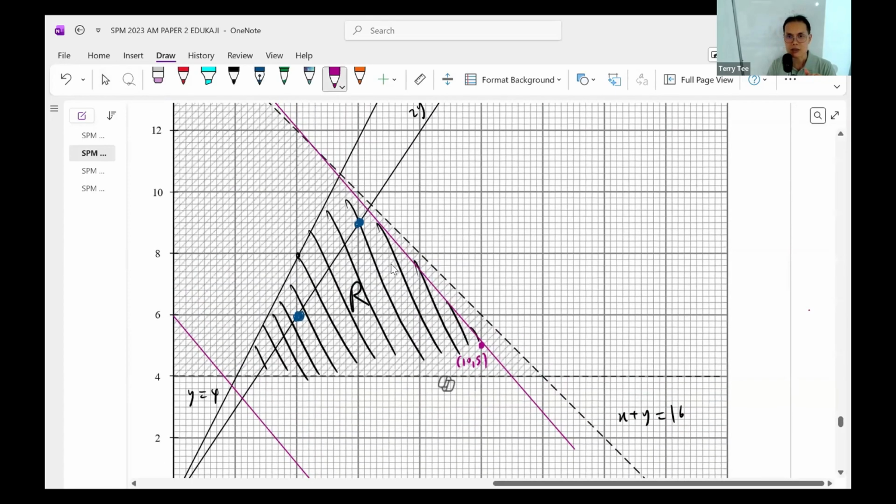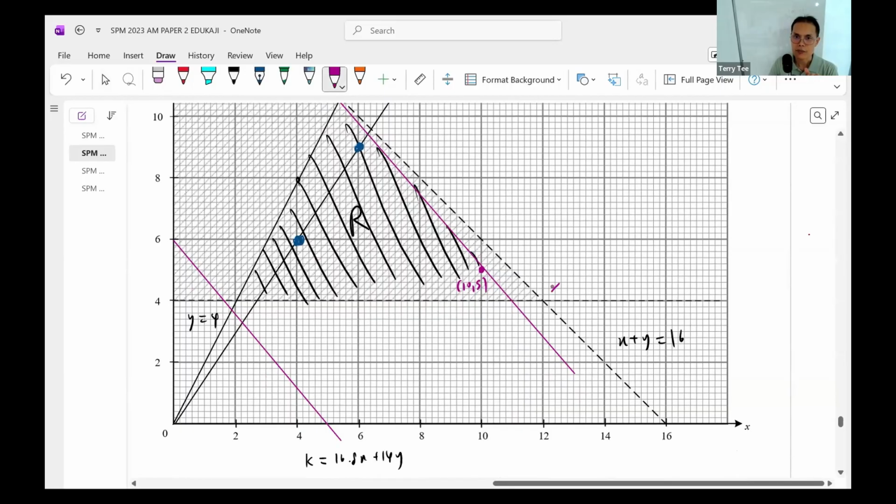Now, why can't I take this point? This is a dotted line. Non-inclusive. You must take a point inside the region, and you need to take integer values. So we can't take any other one. Can I take this point? Cannot. Non-inclusive. So the closest point I can get is (10, 5).